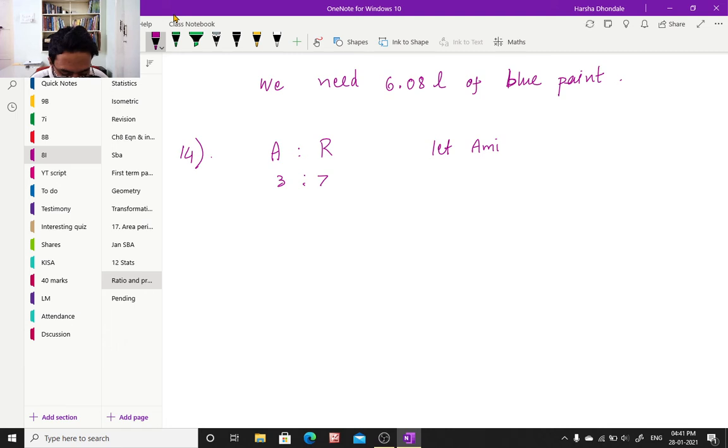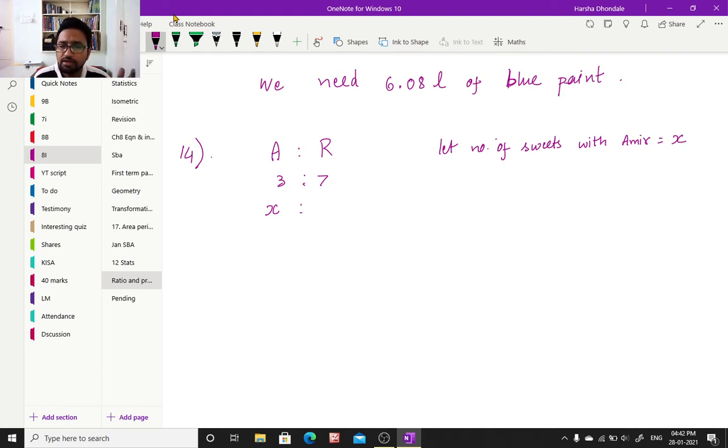Let the number of sweets with Amir equal X. So if he has X, then Rita has 52 more sweets than what Amir has.